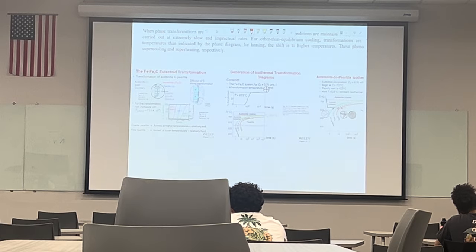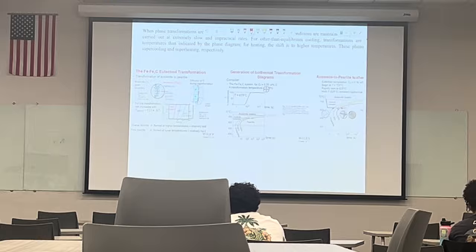If you cool it down, for example, to 600 and keep it steady at 600 degrees, that's how the system transforms over time. It means 50% of our austenite is going to change to pearlite after this period of time, probably a couple of seconds.